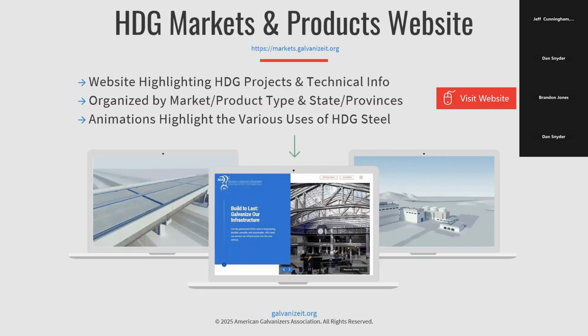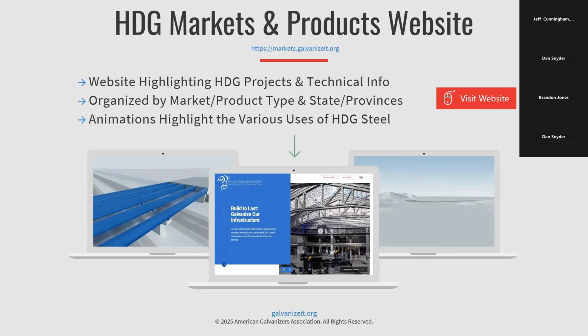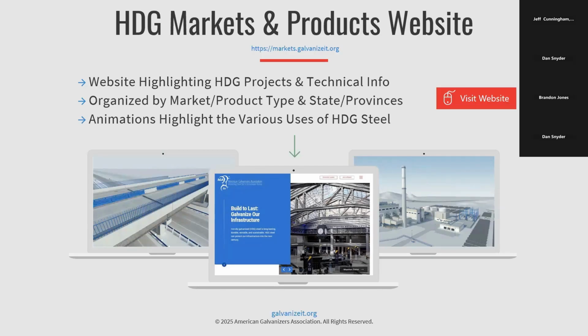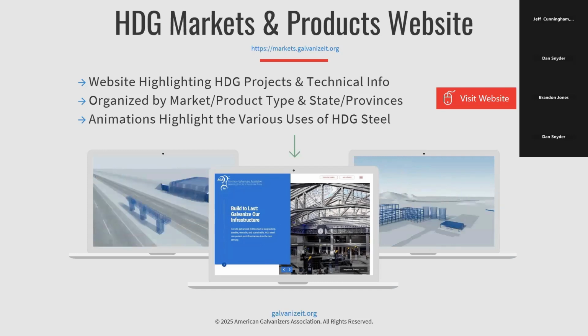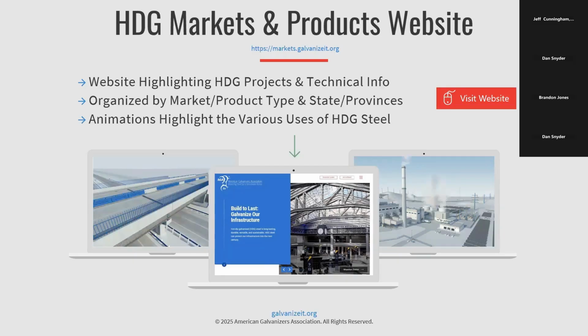You can also go by market or product type, so maybe bridge and highway. Then you can drill down, and we put together animations where all the blue parts in the animation are what can be galvanized steel in a lot of these infrastructure projects. Once again, you can click into it, drill in a little bit more, and get some more information. Especially if you're working with bridge and highway, this is a great resource to have in your back pocket.